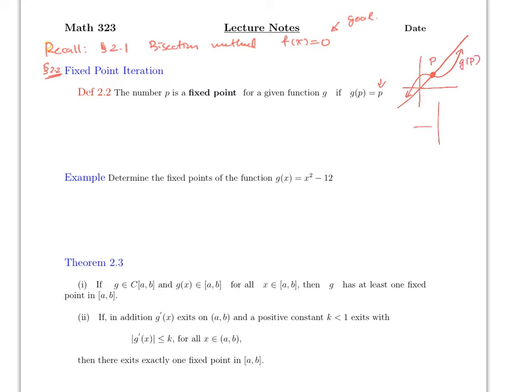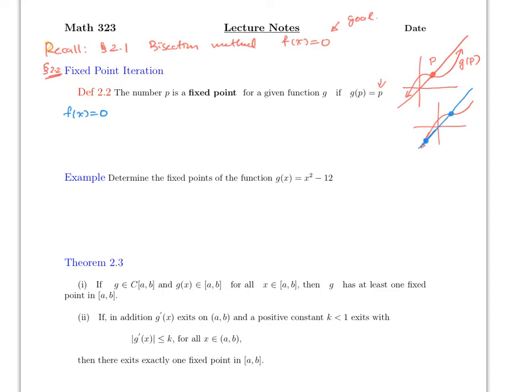Sometimes you could have more than one. Let's say that this keeps going, and then you have the line y equals x, so you have a fixed point here and a fixed point there.